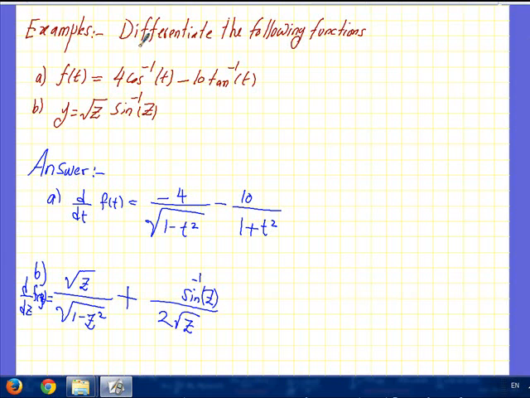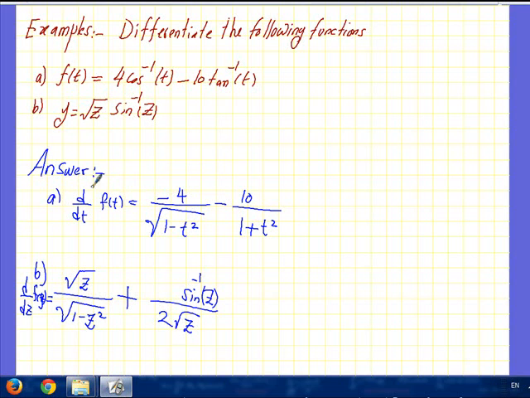For example, differentiate the following functions. f of t equals 4 cosine minus 1 t minus 10 tan minus 1 t. The second question is y equals root z times sine minus 1 z.